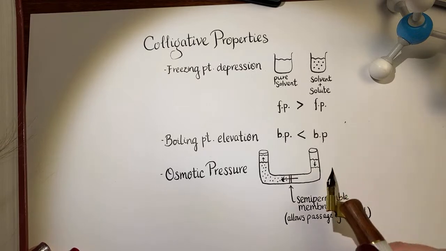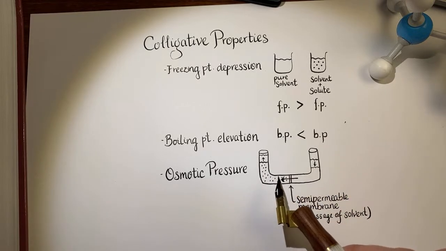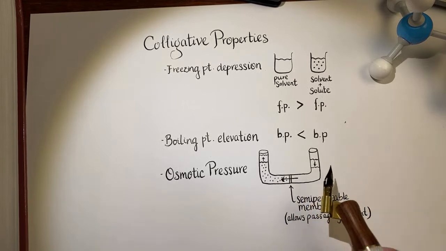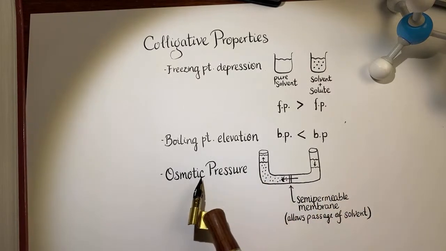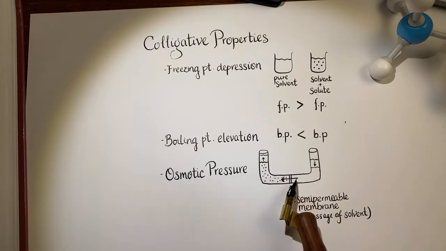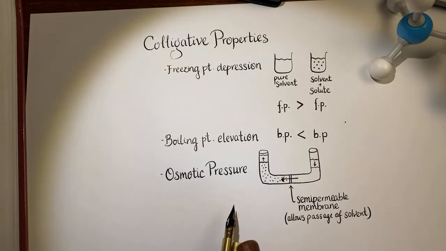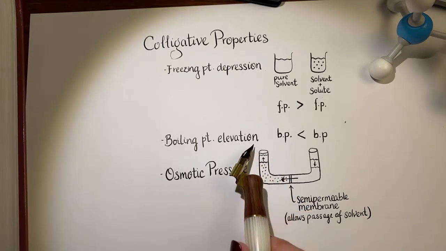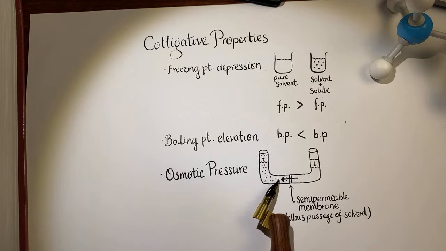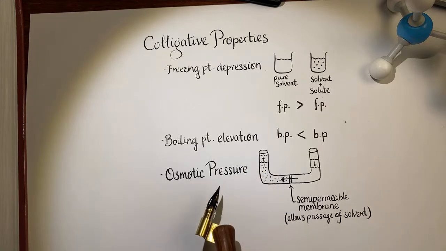Alright, so then you say, alright, cool picture. What does it mean? Osmotic pressure is the pressure required to stop this from happening. So in other words, pushing down on this side, how would you stop this from naturally happening?